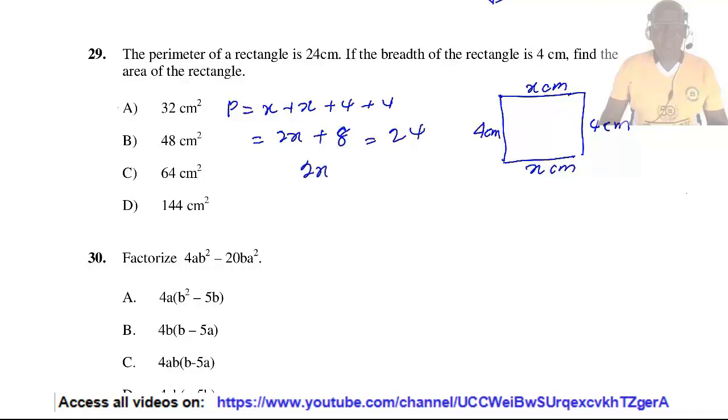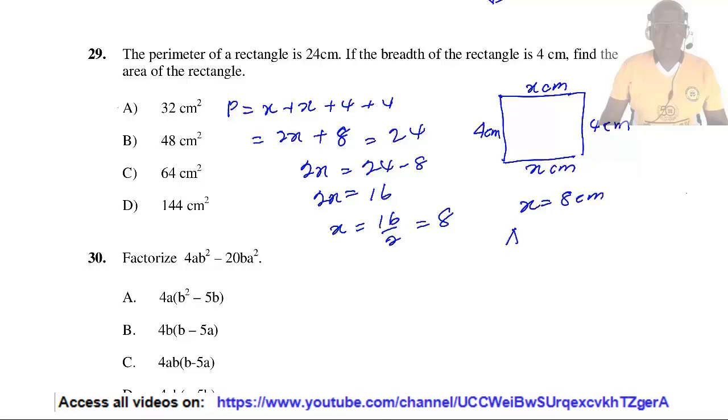So 2S equals 24 minus 8, or 16. Therefore S is equal to 16 divided by 2, which equals 8. So S equals 8 centimeters. The area, therefore, is equal to the length times the breadth, which equals 4 times 8 centimeters, which equals 32 centimeters squared. So the answer is A.